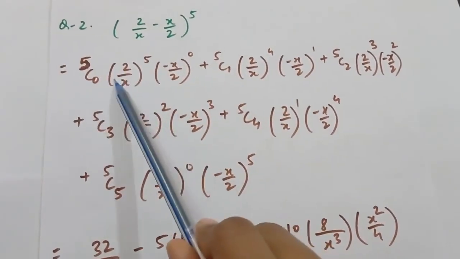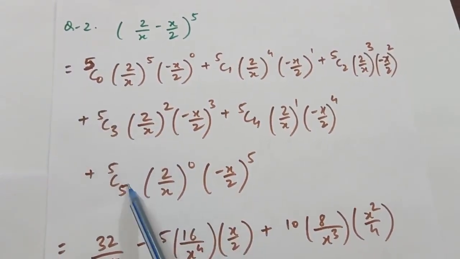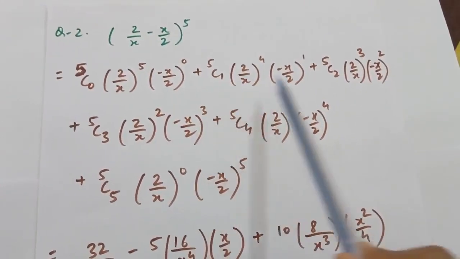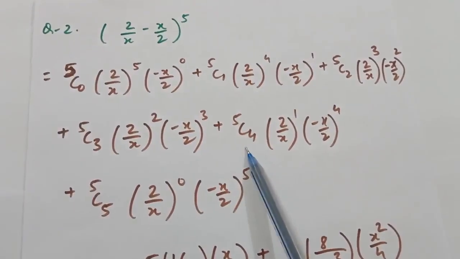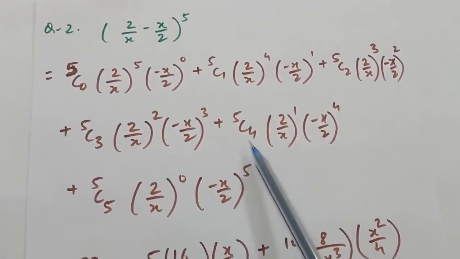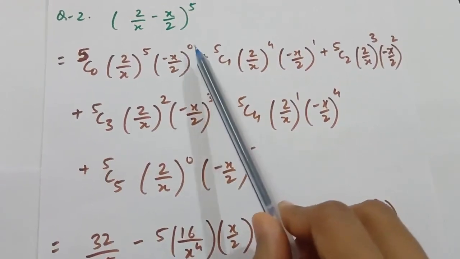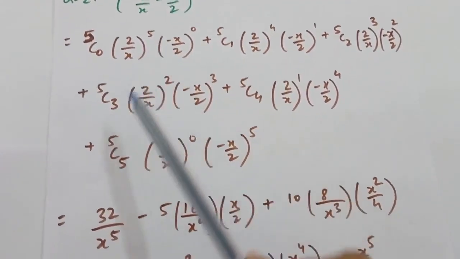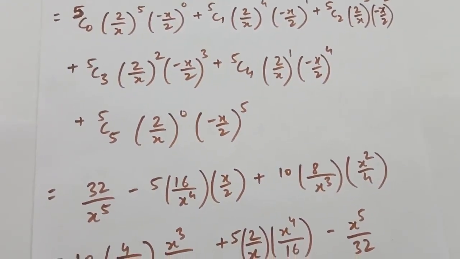Now 5c0 we know, this is 1. 5c5 we also know is 1, and in the previous question we have found out 5c1, 5c2, 5c3 and 5c4. So we will now directly put the values. So 5c0 is 1, this is also 1 because something raised to the power 0 is 1. Now 2 by x whole raised to the power 5 will be 32 upon x raised to the power 5.